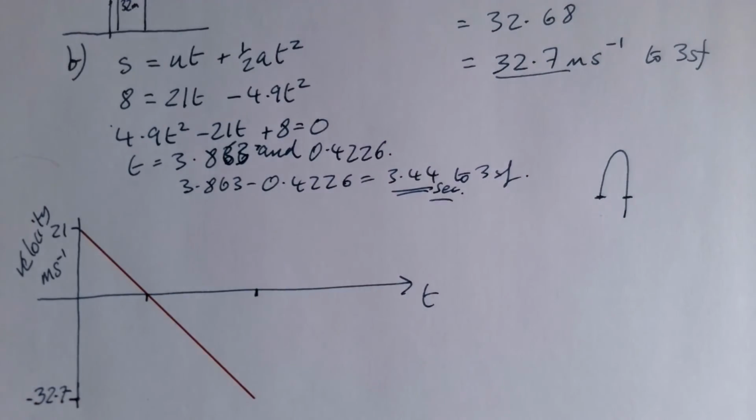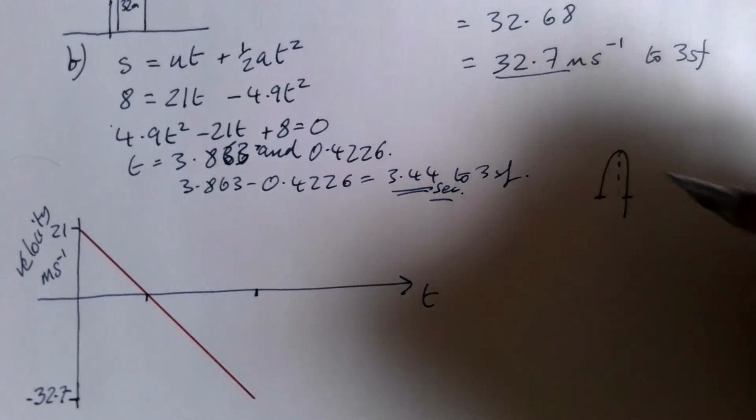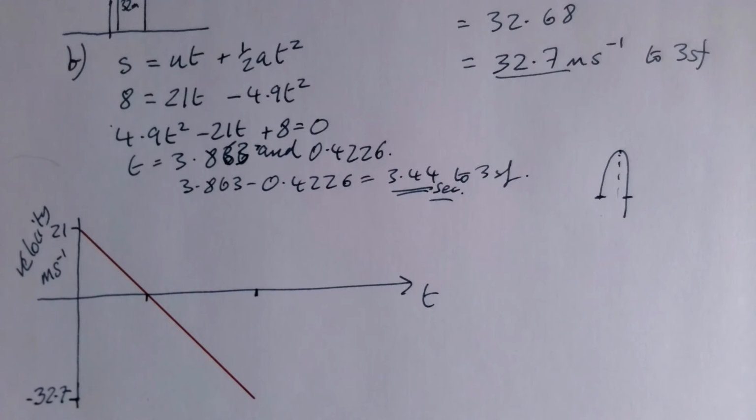Distance is 0 there, because it's a quadratic curve or parabola. Halfway across there, the time will be the time we want.